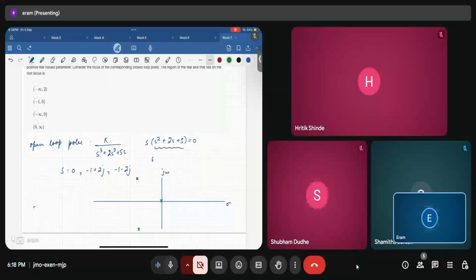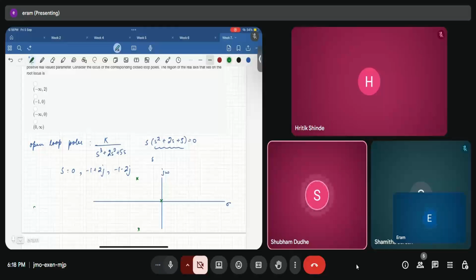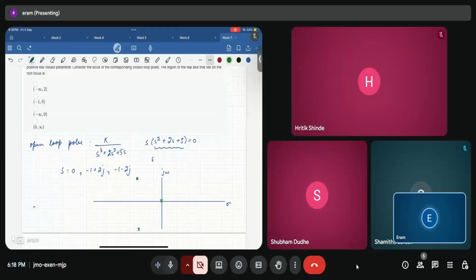In that case, the part that lies on the real axis will be such that to the right of that part, the number of open loop poles and zeros should be even or odd? Even. Yes. Now since we have marked the open loop poles, can you identify the part of the real axis that will lie on the root locus?